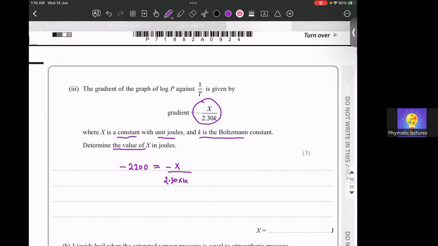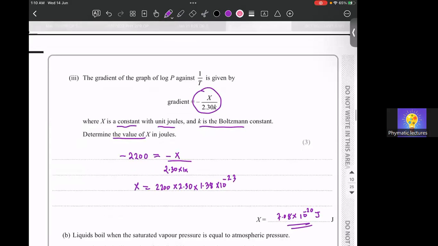Then you try to figure out the value of x. So x is equal to 2200 multiplied by 2.30 into the Boltzmann constant. You will get that from our data sheet, 1.38 multiplied by 10 to the power of -23. If you multiply, approximately 7.08 multiplied by 10 to the power of -20 joules.